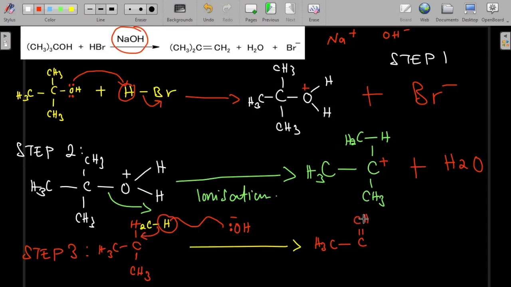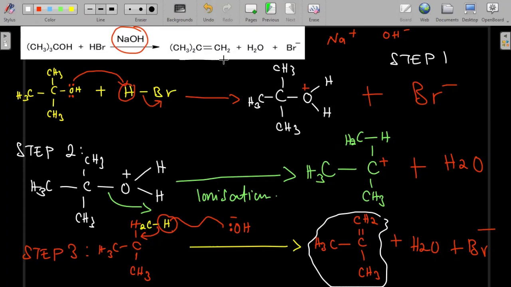So it is CH2 on top, then down CH3. And then plus the water that is going to form when this guy grabs this hydrogen, it will still be water. And then what was the other product that we had formed was the Br with the minus charge like this. So what I have here is this product there, and then there's the water and there's the Br minus.